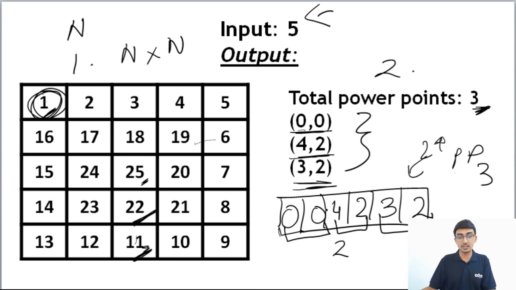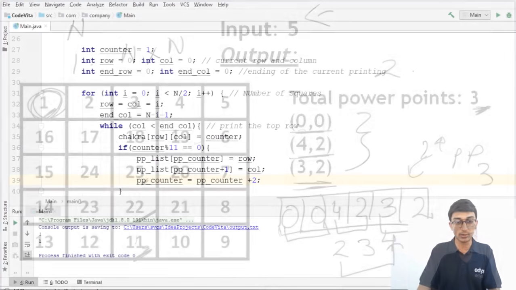The moment it came across 4 2, it made sure that 4 was stored in 2, 2 was stored in 3, and then it did 2 plus 2, which is 4, so that it's pointing over here, so it became 4 over here. So that's what we're doing. We're just updating the counter of our array so that we know how many PowerPoints we've already come across. That's all that we're doing over here.